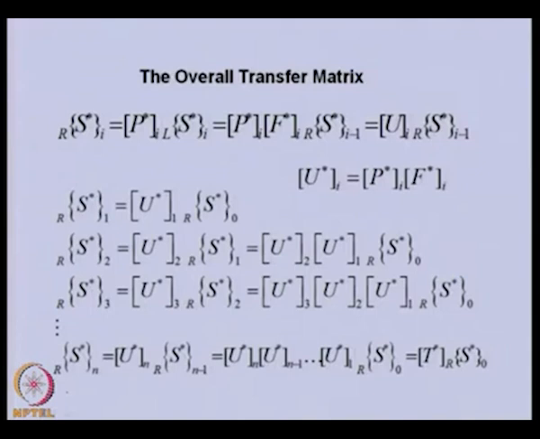So, earlier we derived the point matrix, which was relating the state vector right of the ith disk to the state vector left of the ith disk. Also, we related the state vector left of the ith disk to the right of the I minus 1 disk using the field matrix.